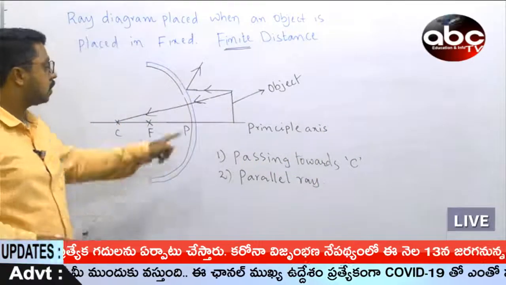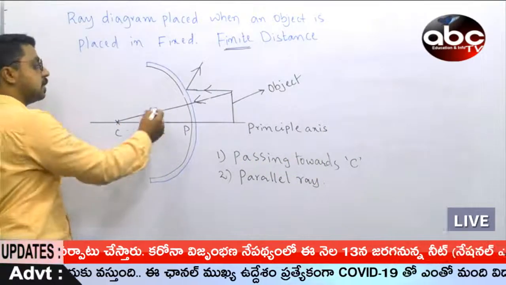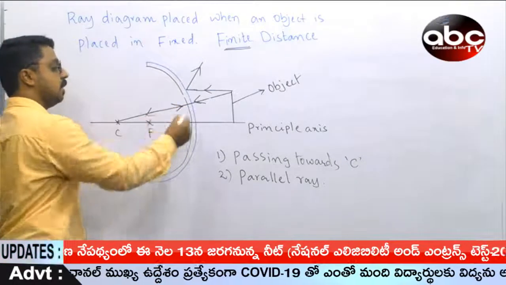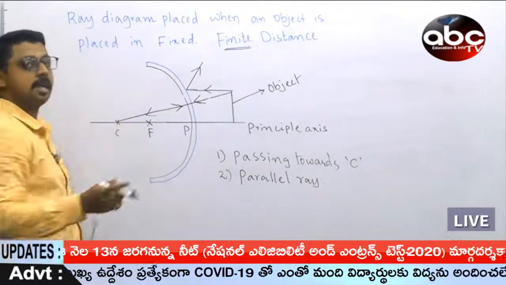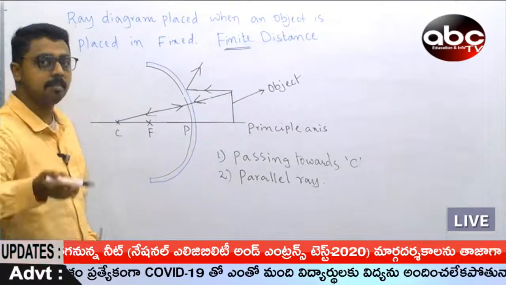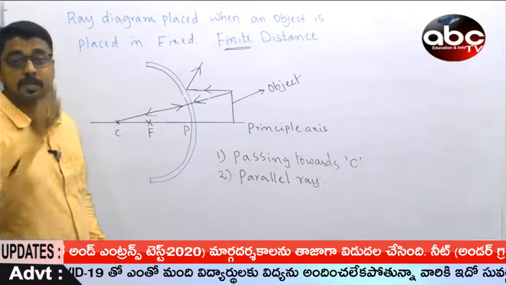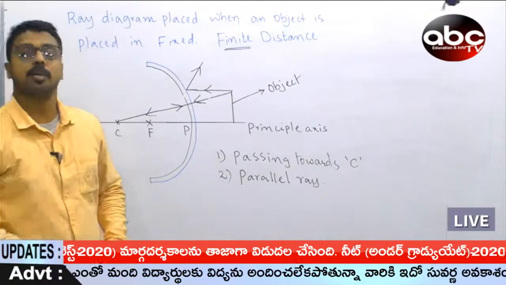The first ray emerges in the same manner; the ray itself acts as the incident ray and also as the reflected ray, as we discussed in the rules of ray diagrams.